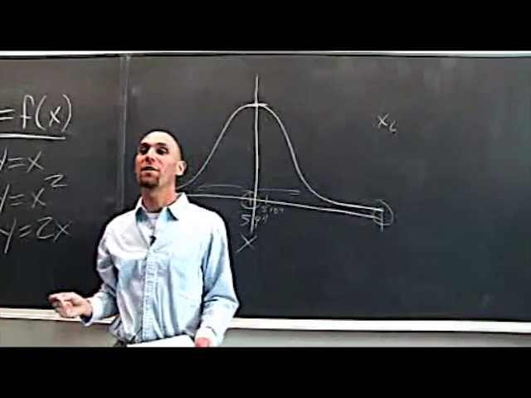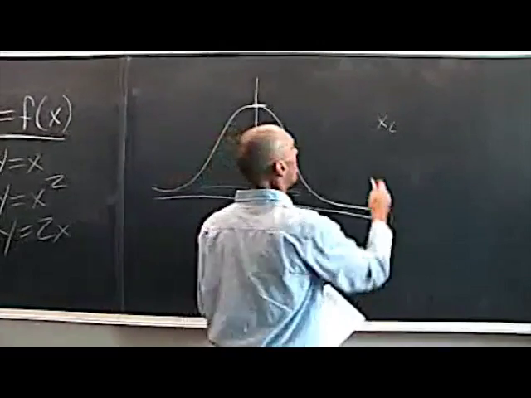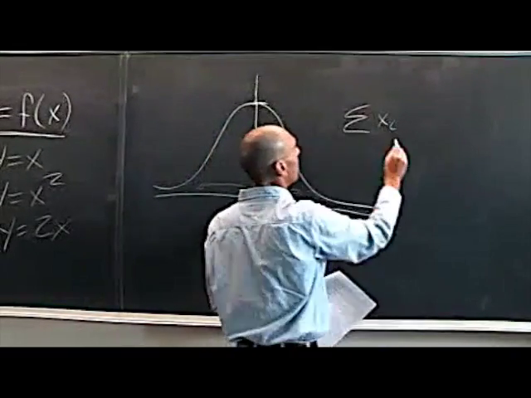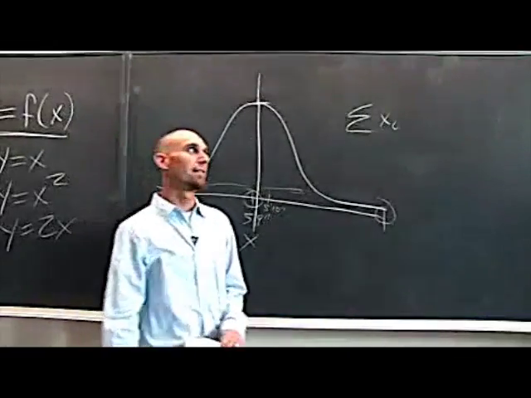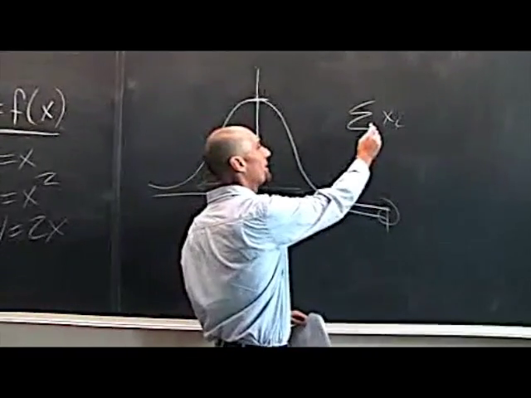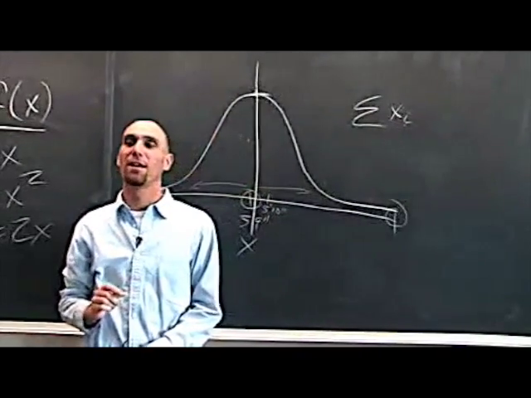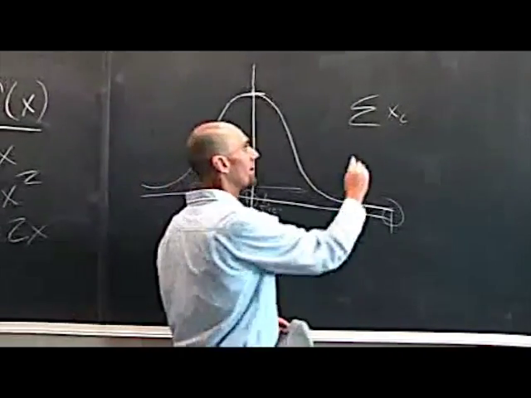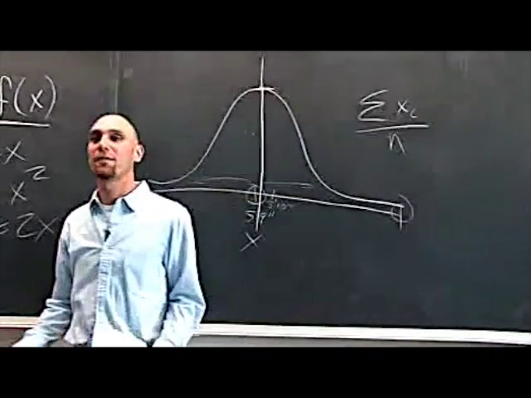I measure everyone's height, and I add them together. Oh no, it's a Greek symbol. All that means is that I sum everyone's height together. So I sum all of your heights together, and I divide by however many of you there are.